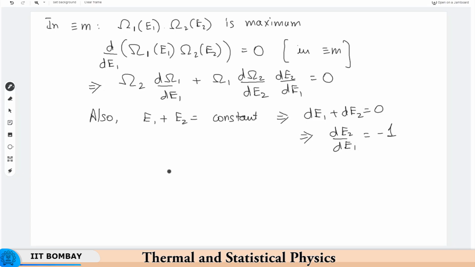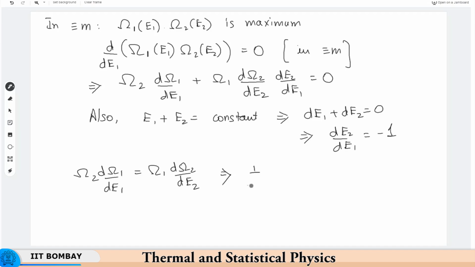And if I plug that value here, we can see that omega 2 times d omega 1 by dE1 equals omega 1 times d omega 2 by dE2, or in other words, I can write it in a slightly better way.